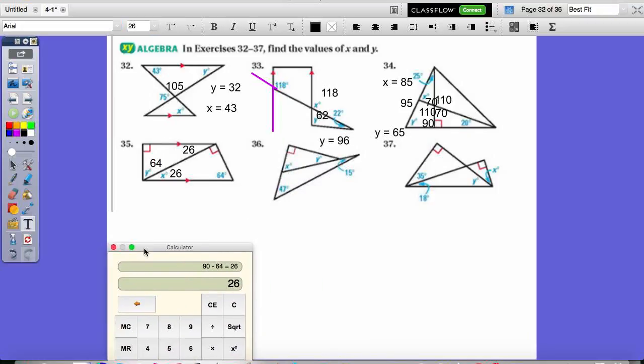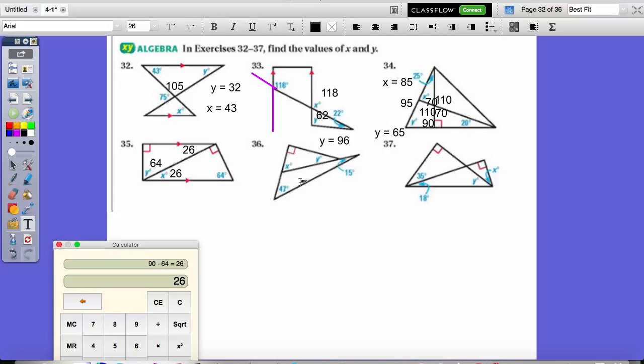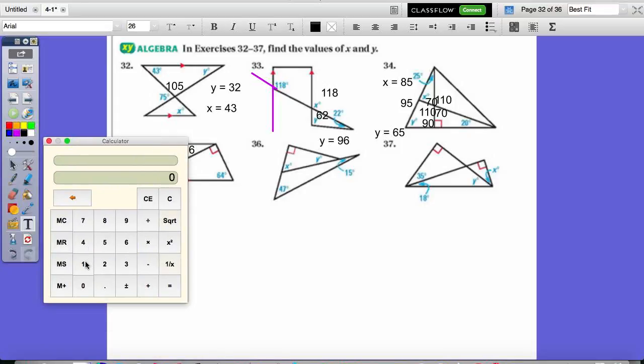Okay. Now, for number 36, I'm having so much fun here. I don't know if you're having fun, but I am. Okay, so this is 47. That's 15. So this other angle here, 180 minus 47 minus 15. Oops, did something wrong here. 180 minus 47 minus 15 is 118.